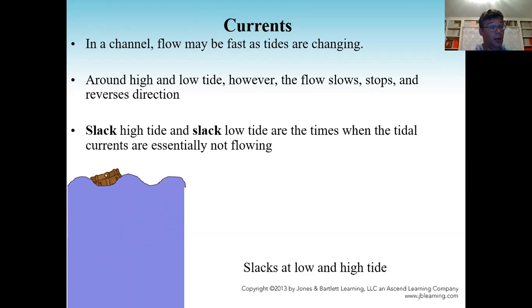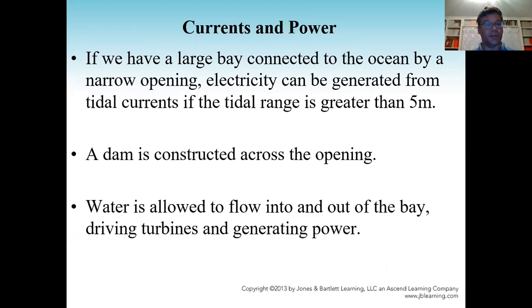Up and down, those are the times when basically the tidal current is still. Either the water is all the way in and getting ready to switch from in to out, or it's all the way out and getting ready to switch the other way. These are slack tide points.